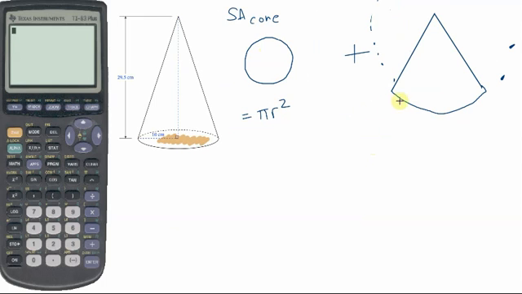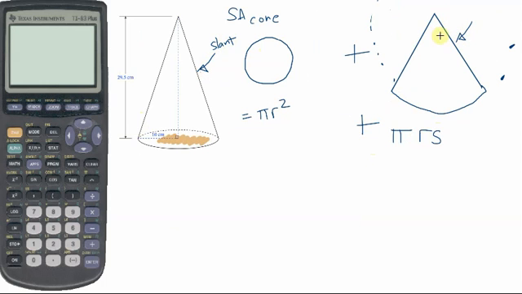All right, so when we check your formula sheet, this area is pi r s, where s is the slant height, which is not the same as the vertical height. The slant height is right here.